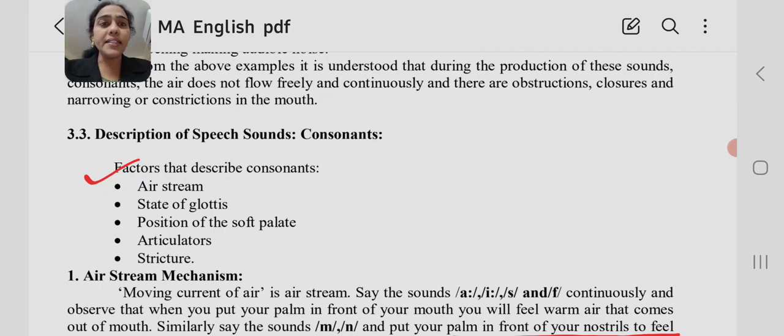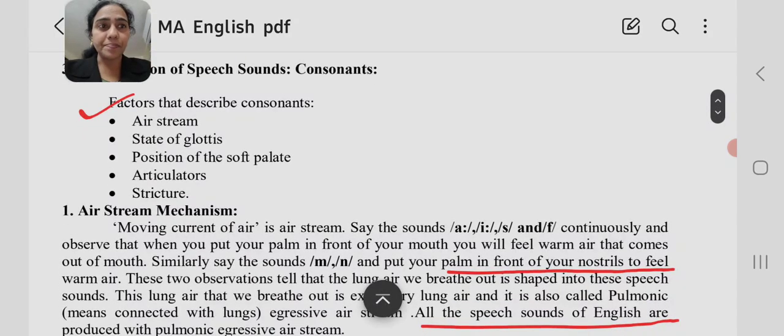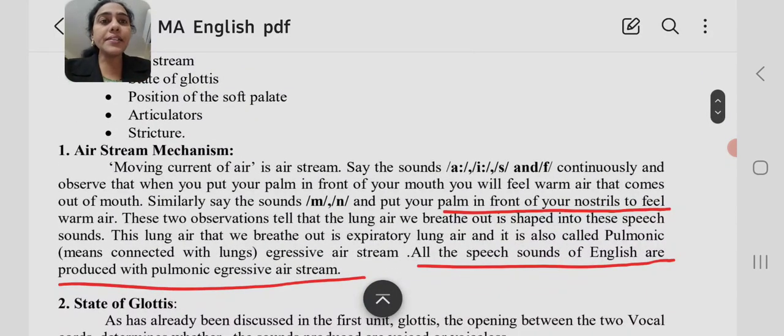Let us see what this airstream mechanism is. Let us take 2 examples of words which start with the letter S. Now come on, say with me, S, and put your palm in front of your mouth.